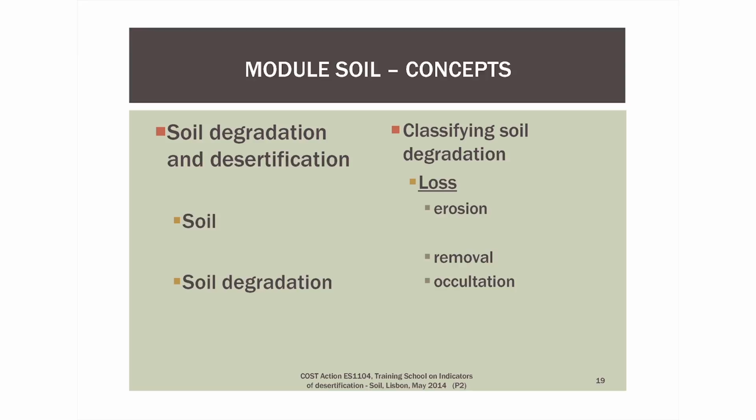Erosion is something that removes soil from the surface, and so we have a loss with chemical components physically removed, so the physical part goes away also, and with effects either on chemical or on physical properties.